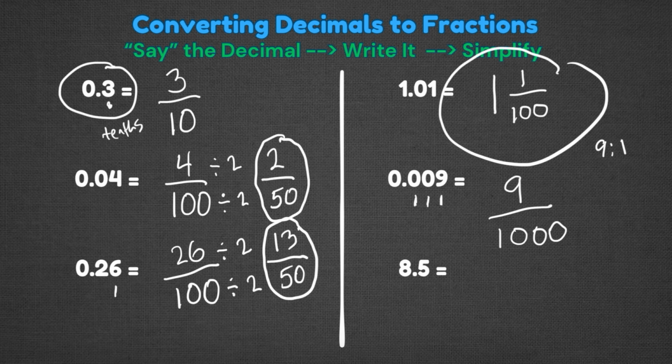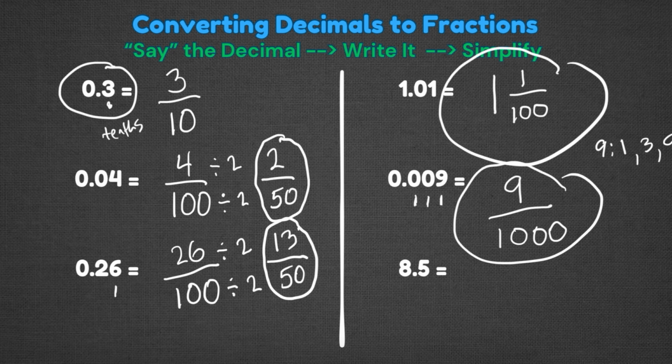The factors for 9 are 1, 3, and 9. Does 1,000 share any of those factors? Well, it shares the 1, but that's not helpful. But 1,000 is not able to be divided by 3 or 9, so we're stuck with 9/1,000.